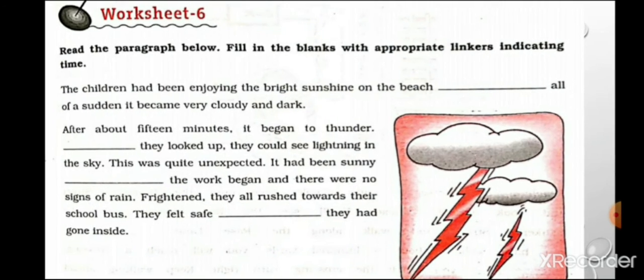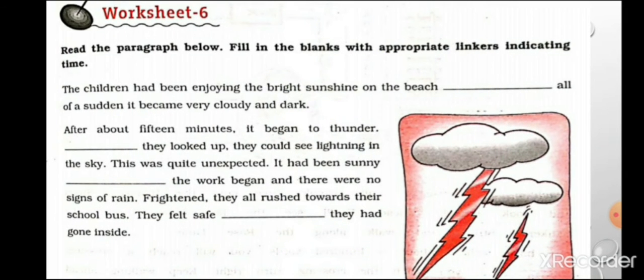Now students, let's move forward to worksheet number 6. Read the paragraph below, fill in the blanks with appropriate linkers indicating time. The children had been enjoying the bright sunshine on the beach. Then, all of a sudden, it became very cloudy and dark. After about 15 minutes, it began to thunder.